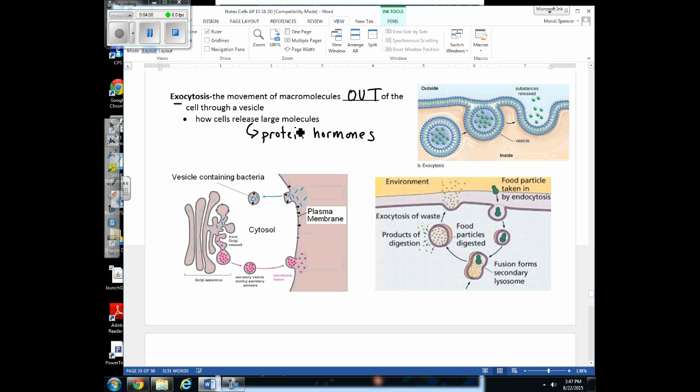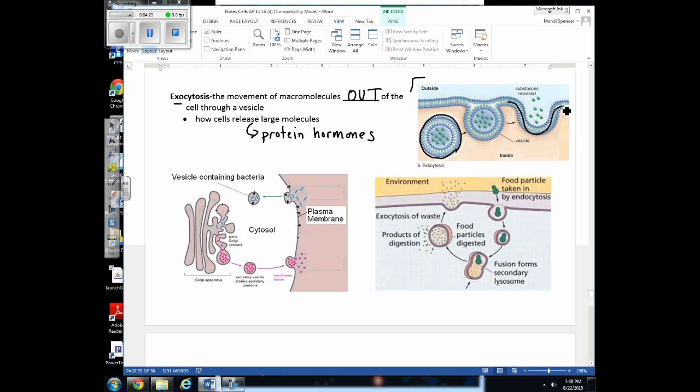Proteins are often big molecules, and they themselves wouldn't be able to fit through a transport protein. I included this diagram here to show you that the phospholipids that make up this vesicle are just going to become phospholipids that make up the plasma membrane when that vesicle fuses with the membrane.